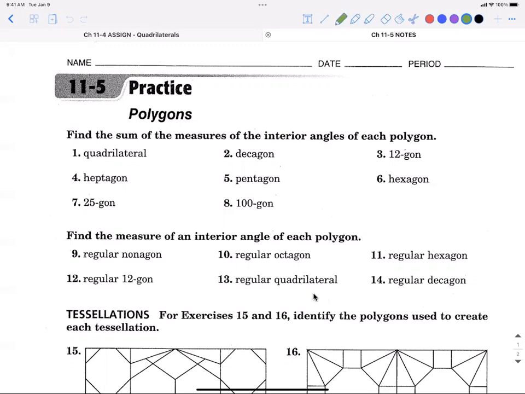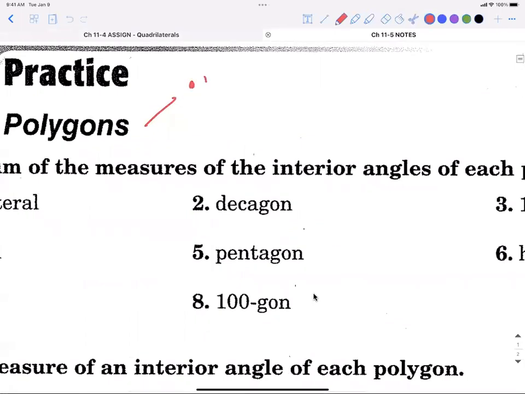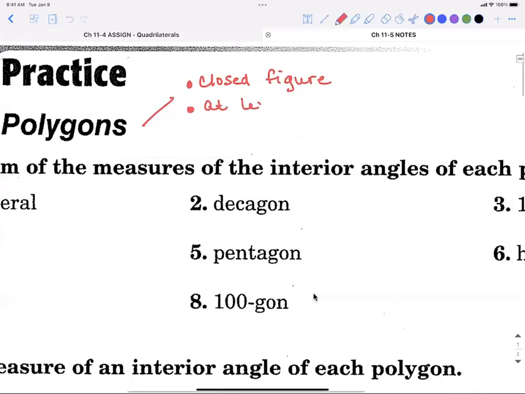Okay. So here's what is required for a polygon. It is a closed figure. That part's the same. At least 3 sides. We're going backwards a little bit in classification here.